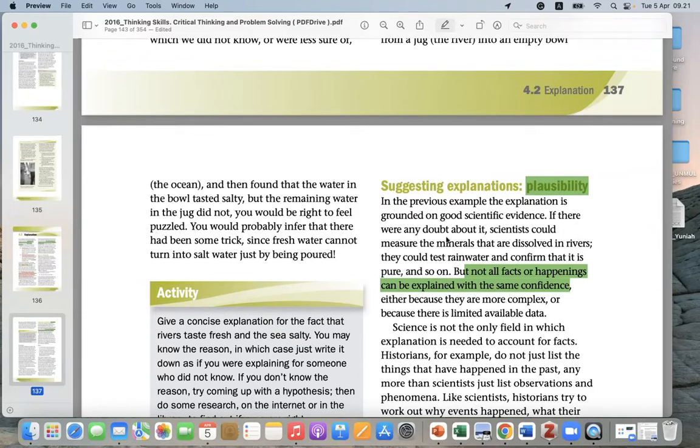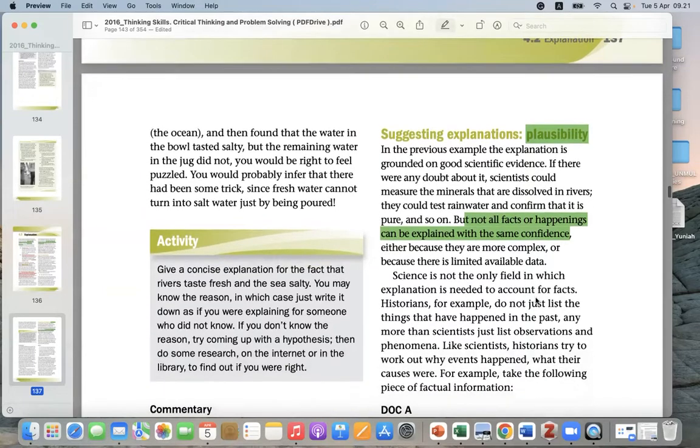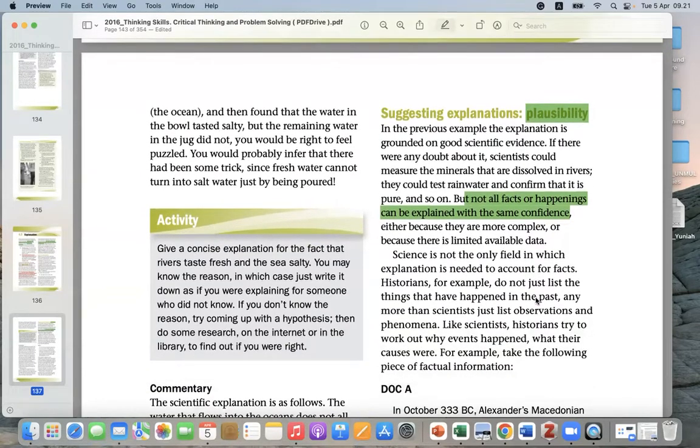If there were any doubts about our explanations, then scientists usually could measure the minerals dissolved in the rivers, as I told you in the examples. They could test the rainwater and confirm that it is pure, and so on. But not all facts and happenings could be explained with the same confidence. So you need plausibility in this case.